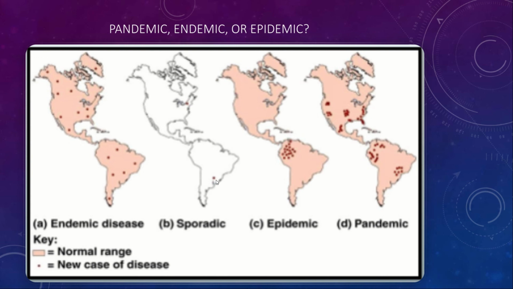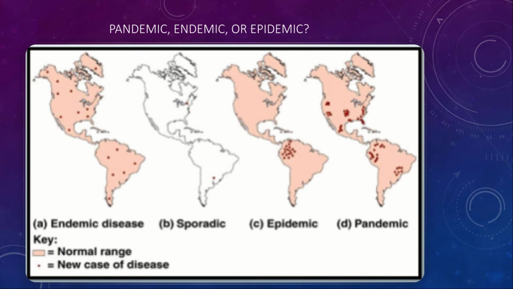As you can see in this image right here, there's only 2 dots, so just in 2 places. An epidemic disease is where it's in one place and it's really severe in that one area. And a pandemic disease is severe and all around the world.